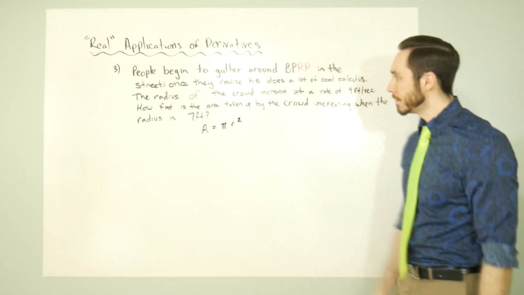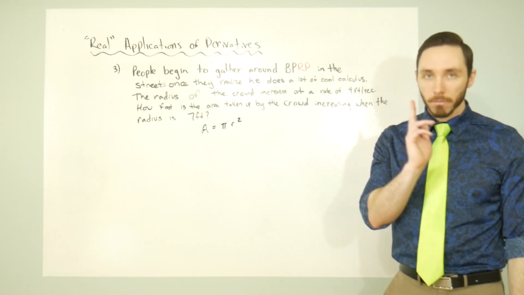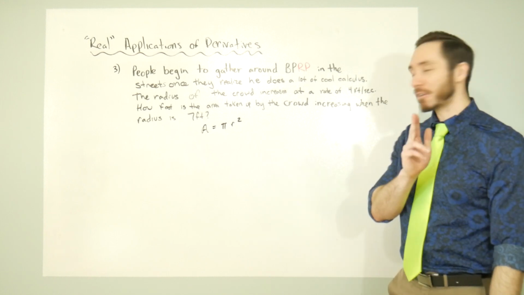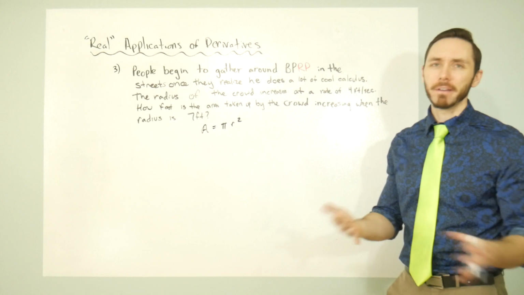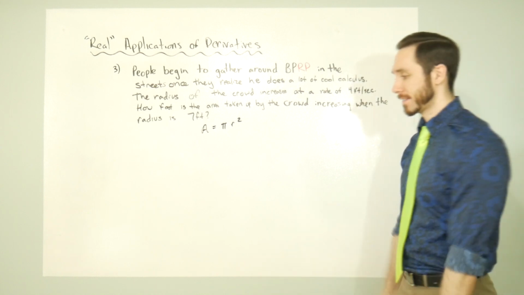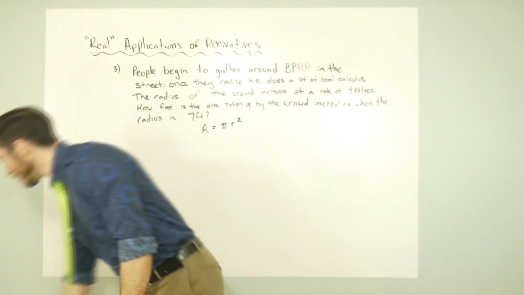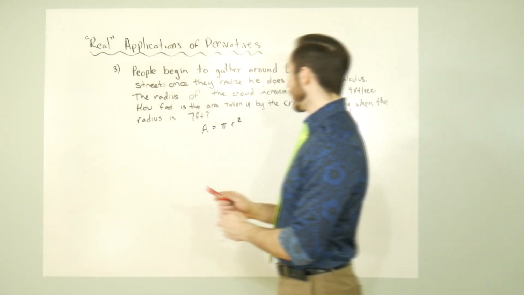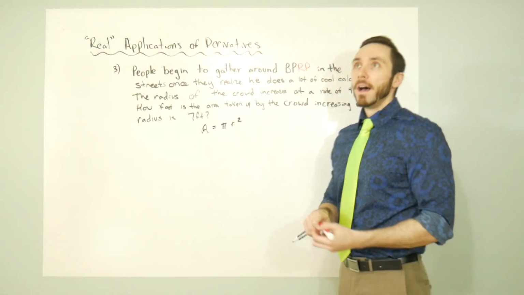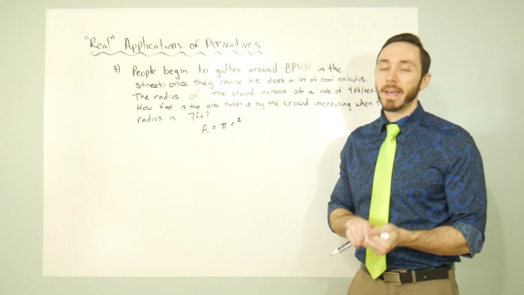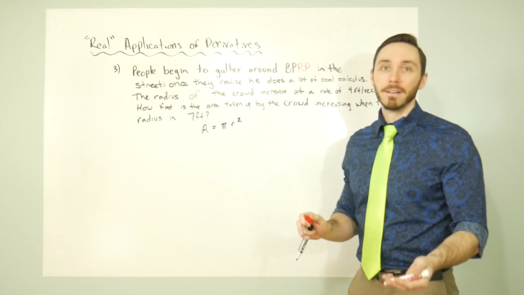So what I want to do is rewrite this thing relating their rates together over time. I want to find the derivative with respect to time. And we're also keeping in mind that the area and radius are functions of time. So we have to do a bit of chain rule with that said.